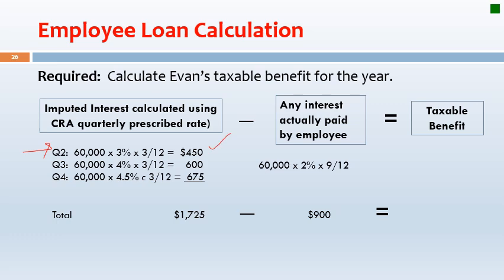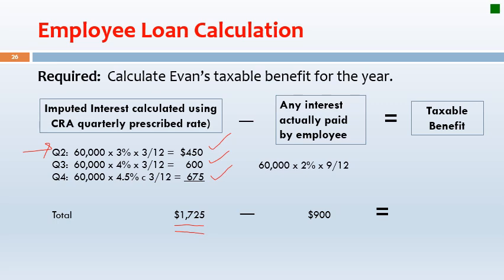We'll do a similar process for quarters 3 and 4: the principal amount times the prescribed rate for those quarters times 3 months out of 12 months. We get $600 for quarter 3 and $675 for quarter 4, giving us a total of $1,725.